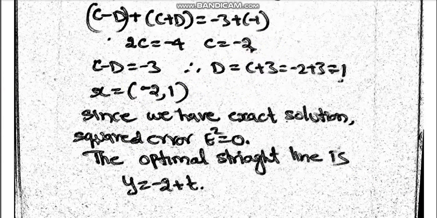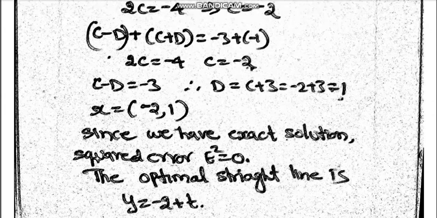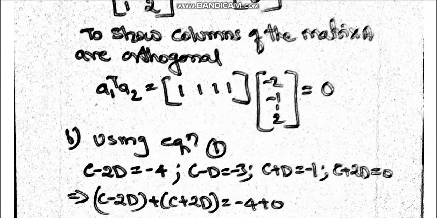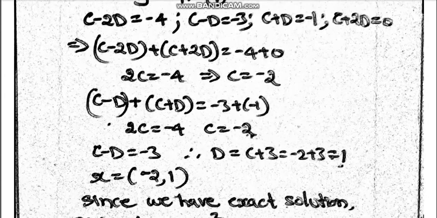If you check and substitute the values of c and d, you get minus 4, which is exactly equal to the value in b. Minus b, minus 4 minus this value, squared, you get 0. If you cross verify that, the error e square is equal to 0.